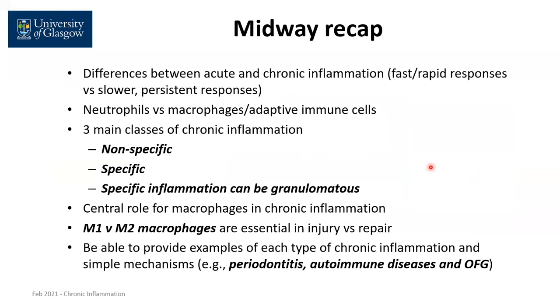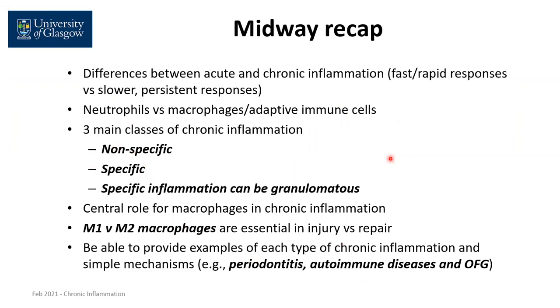So, midway recap. Acute inflammation is a fast, rapid response, predominantly involving neutrophils and other innate immune cells. Chronic inflammatory response is a lot slower, but more persistent. Generally, these include tissue-resident macrophages and also your adaptive immune cells, such as your T cells and your B cells.